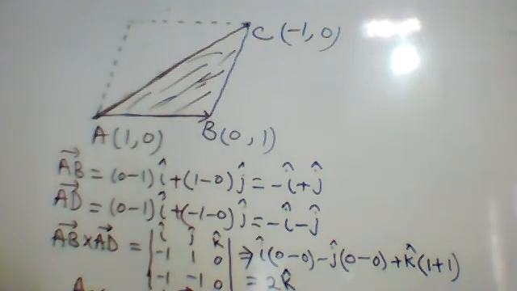The only difference between the area of the parallelogram and the area of the triangle is the half. If it is the area of a triangle, we'll put half there. First we'll find the cross product, then its magnitude, which is 2.